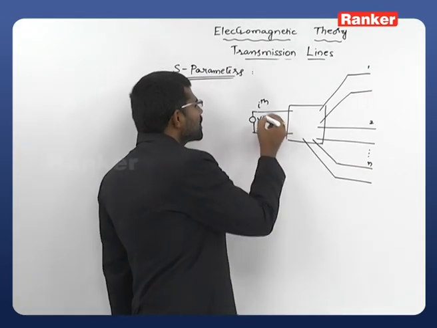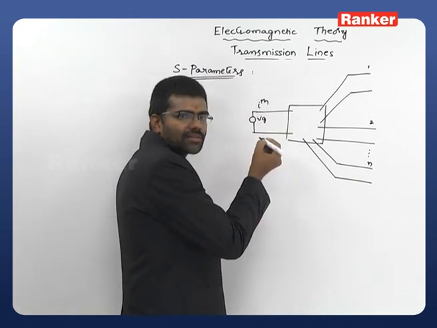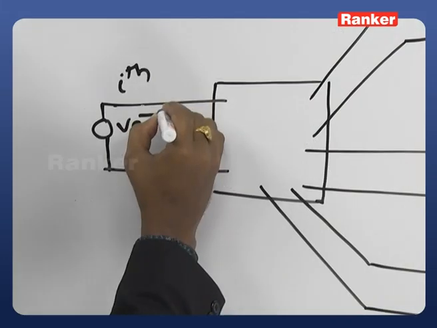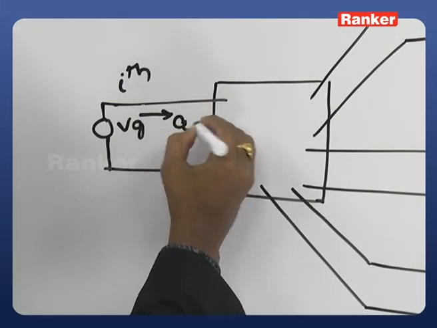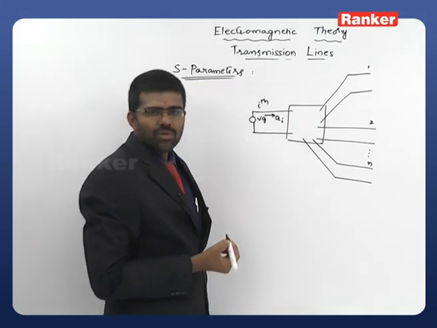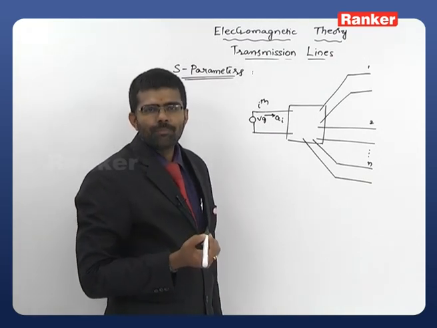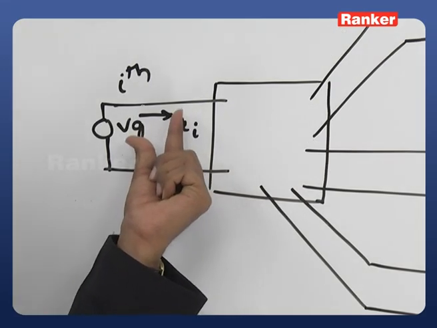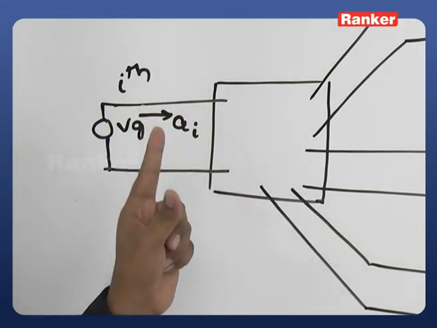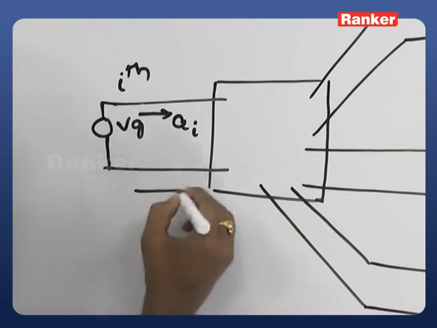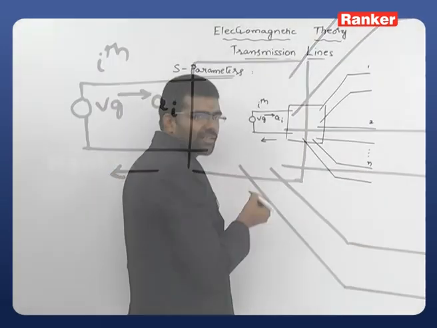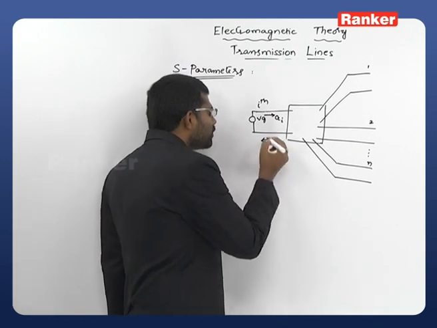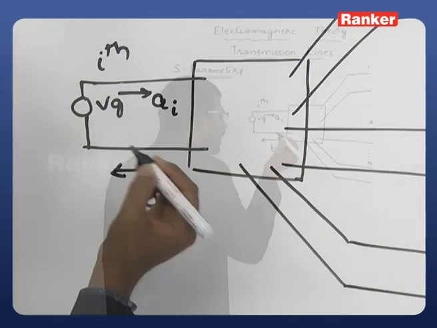I will assume a few parameters like this. Whenever we consider a port, the wave applied to the ith port has the suffix i. This is a universal notation that we follow for scattering parameters: the wave traveling into the port is Ai, and the wave which is reflected or scattered, that is why it is called a scattering parameter, from the same port is Bi.